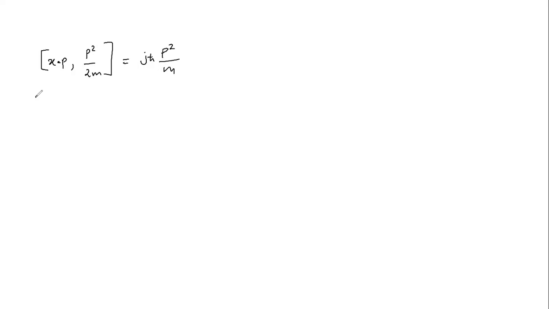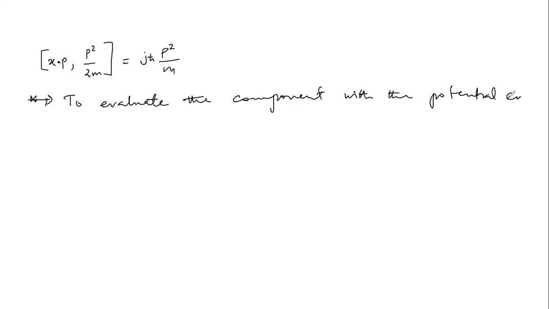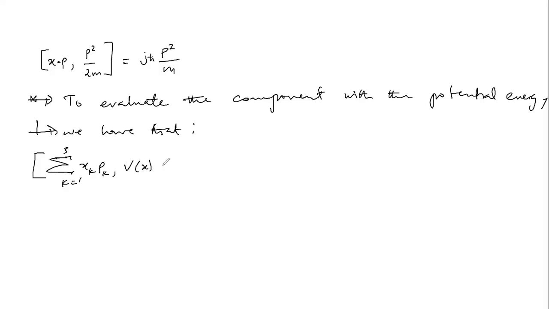And then the next thing to do would be to evaluate the component with the potential energy. And we have that the quantum bracket between the sum over k taking on values from 1 to 3 of S_k p_k and the potential energy.